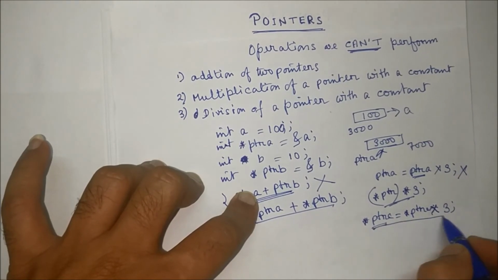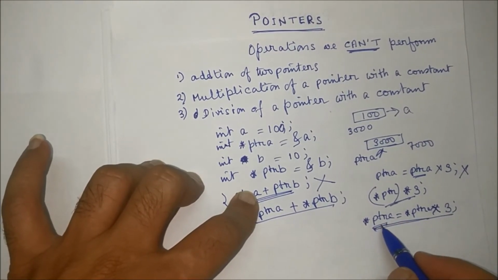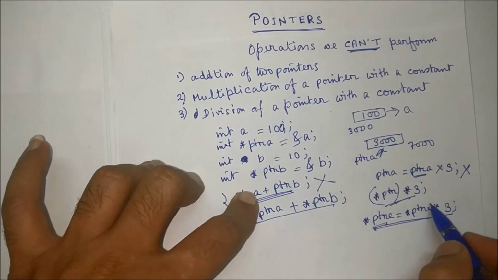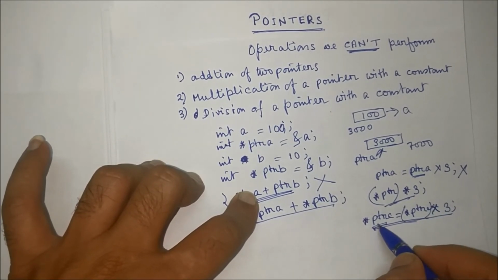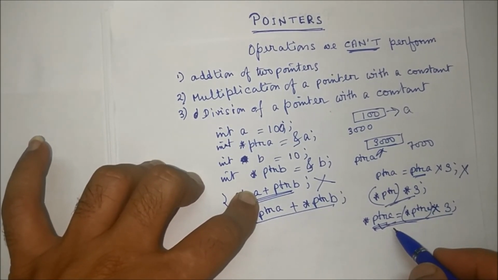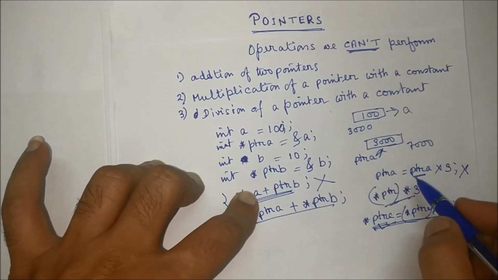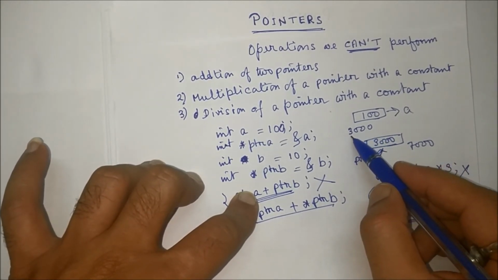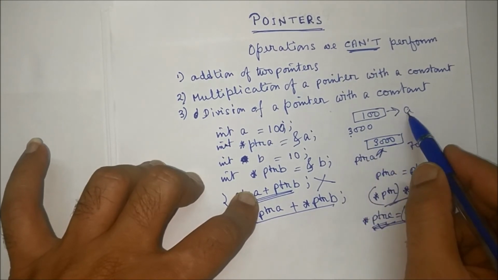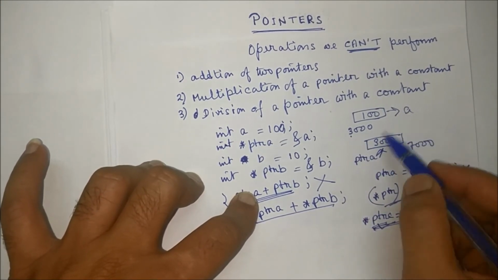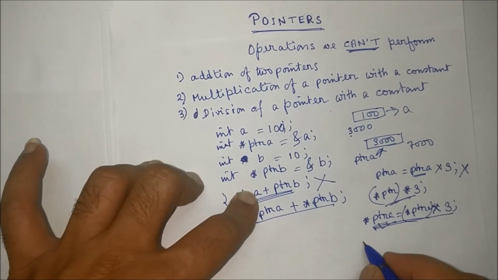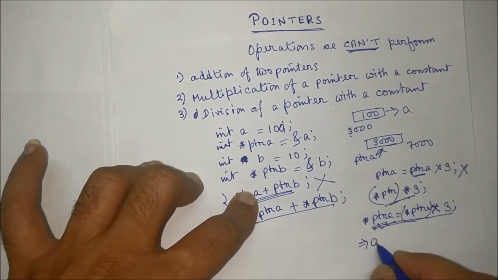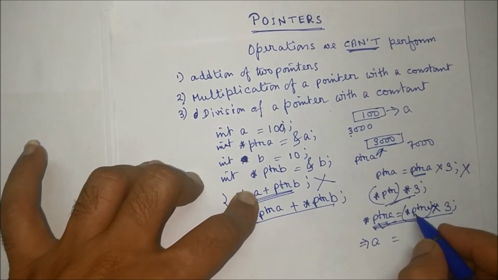But with this statement, you are asking to store the value of this multiplication in the location of this one. Star ptr will go to the location where the value of the variable is stored. So this statement will be converted to a similar statement as a is equal to star ptr.